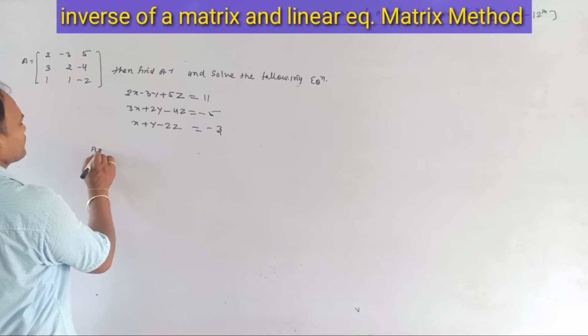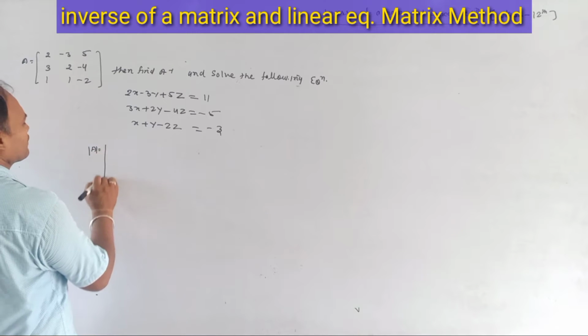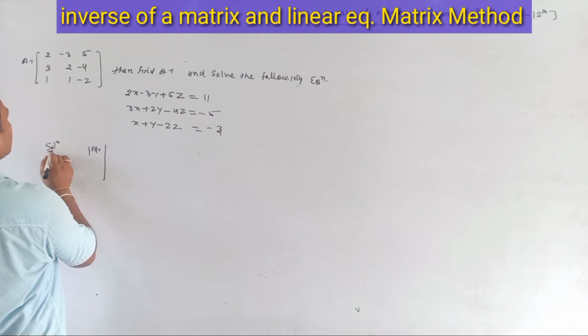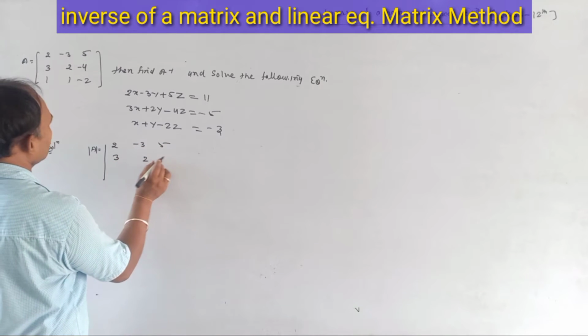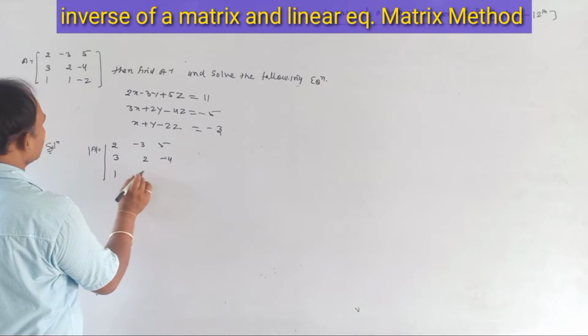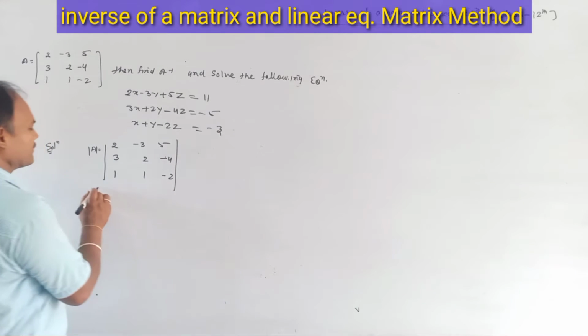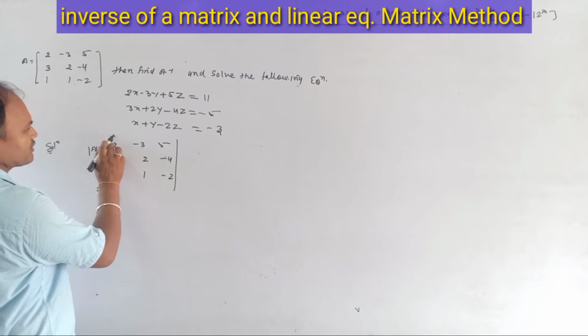Firstly, A is given, so we are going to find the determinant of A. The determinant of A is the matrix with rows 2, minus 3, 5; 3, 2, minus 4; and 1, 1, minus 2. To find the value, the signs are plus, minus, plus.